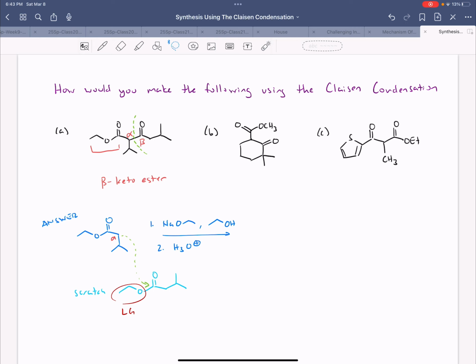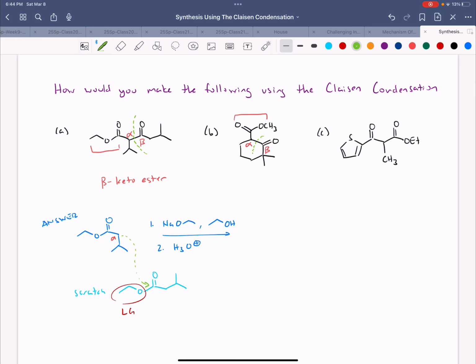Look what we did for part A. Before we started drawing our answer, we did our analysis. Our ester now is here. So this is our alpha, this is our beta, and the bond that was made was right here.